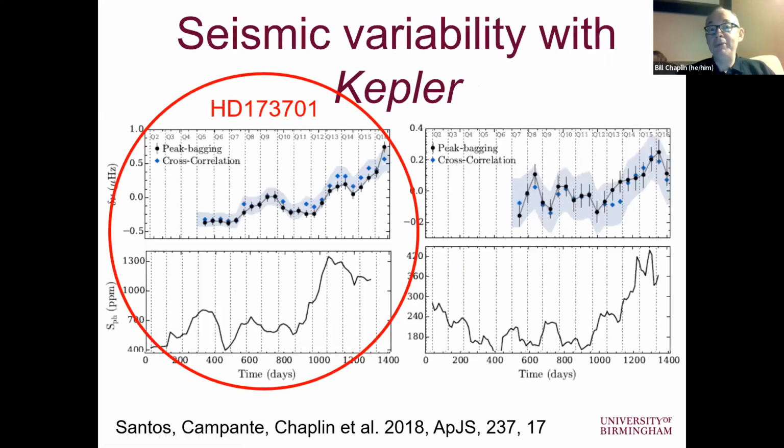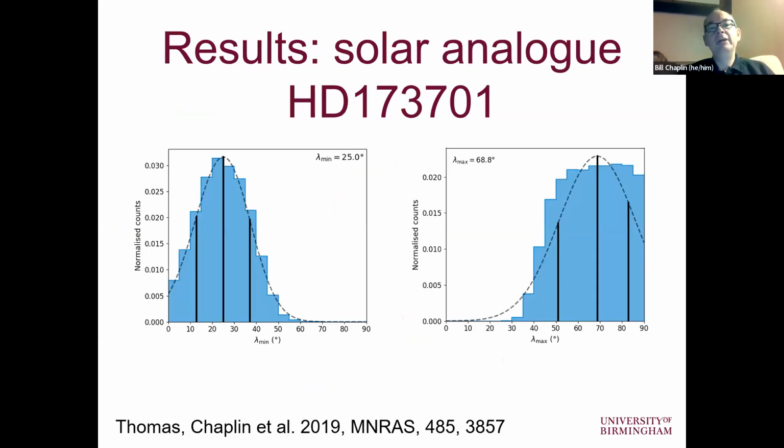So just to finish up, let's try it for another star. This is a star that I showed earlier, one of the two stars, HD 173701. We had the data to be able to do that. We could measure the frequency shifts in different angular degrees. Here's the result we got. Interestingly, a bit different to the sun.